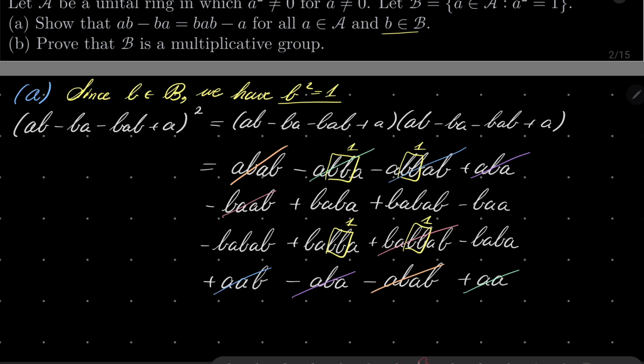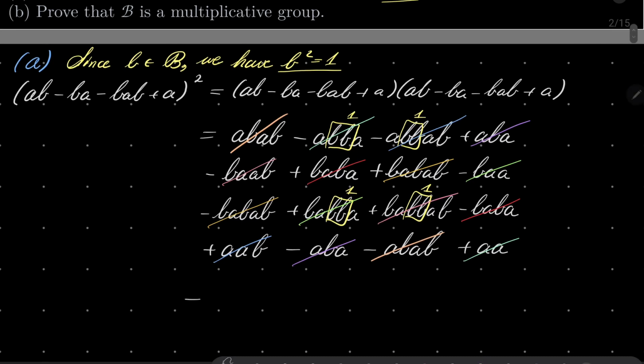Right. What else? BABA, BABA, BABAB minus BABAB, BAA, BAA. Everything is gone. So our result is 0.